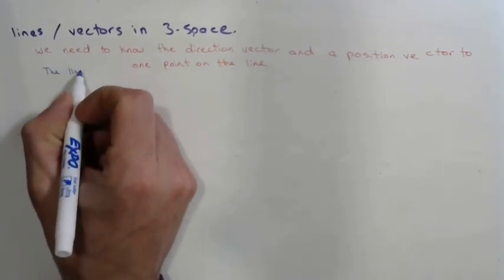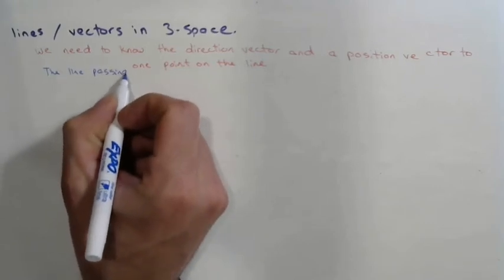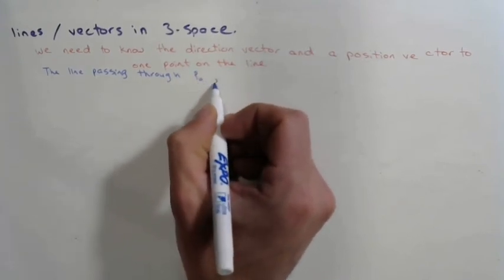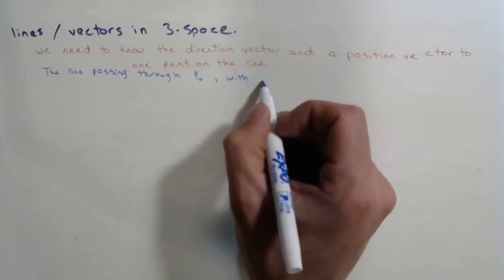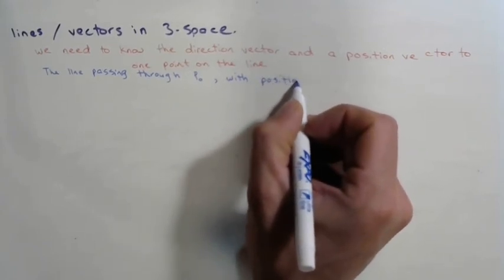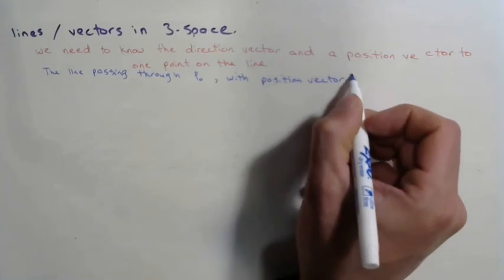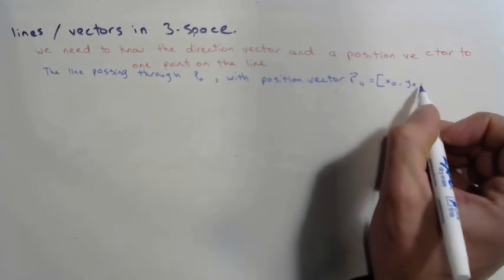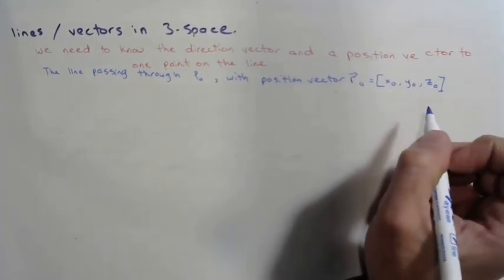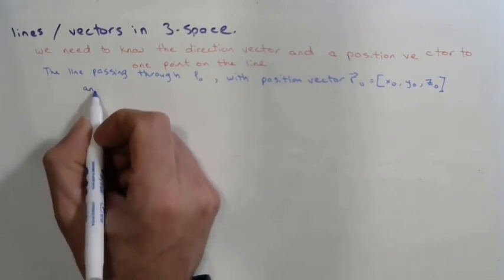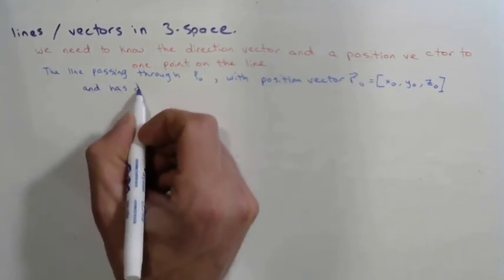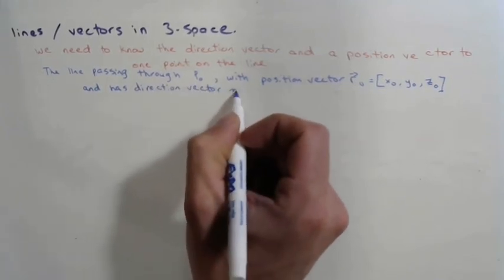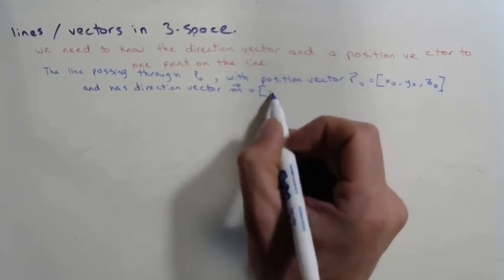Again our direction vector M is also going to have three parameters now.